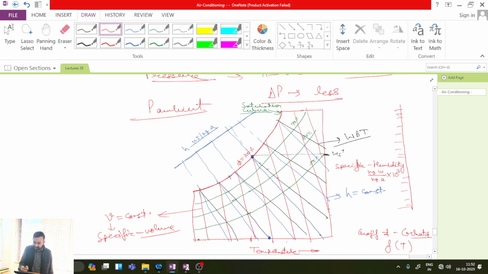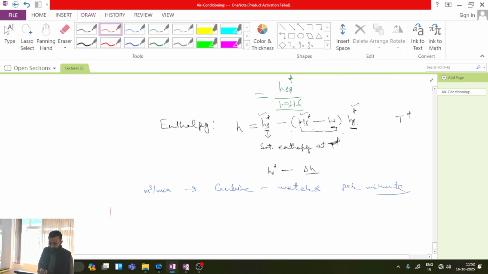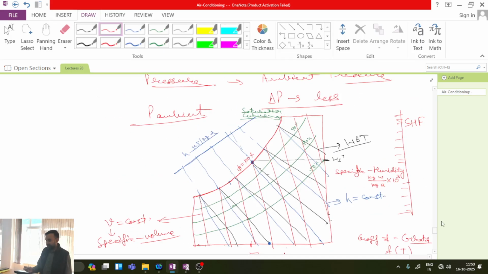This is SHF, which is known as sensible heat factor. So on a psychrometric chart, along the ordinate, one more secondary axis is there, which is the scale of sensible heat factor. Its value typically ranges from 0 to 1.